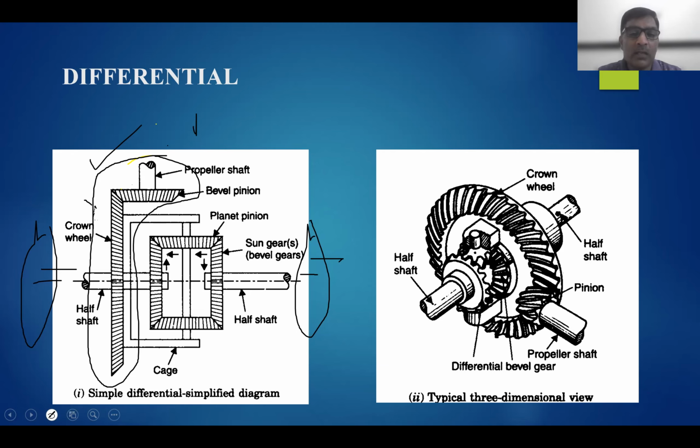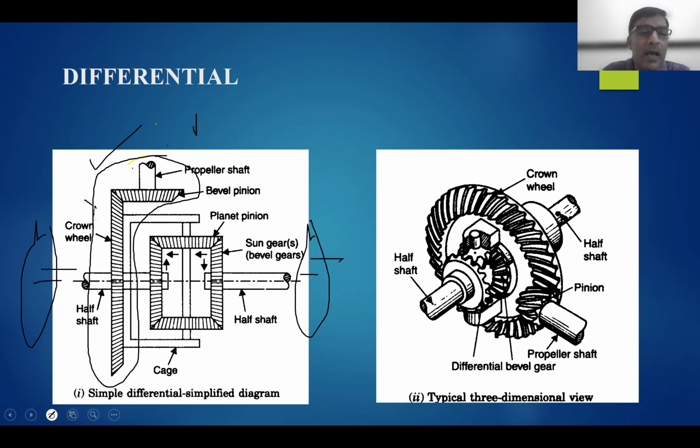So this difference in the distance requires a difference in the speed. Accordingly, the left wheel has to rotate with less speed and the right wheel has to rotate with more speed to reach the required destination, or to negotiate the turn without skidding. So for that reason, one epicyclic gear train.